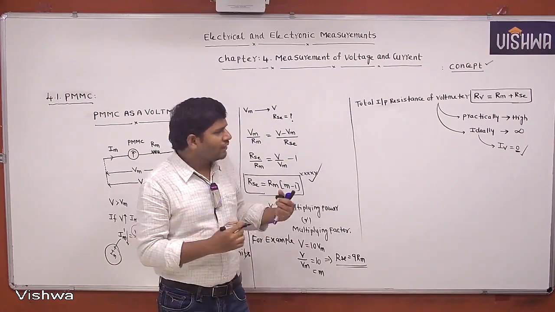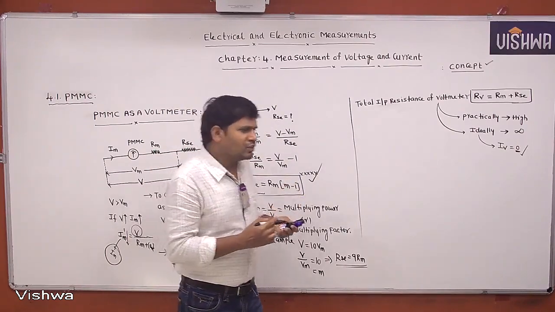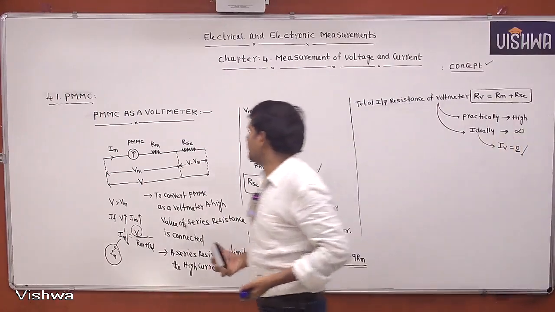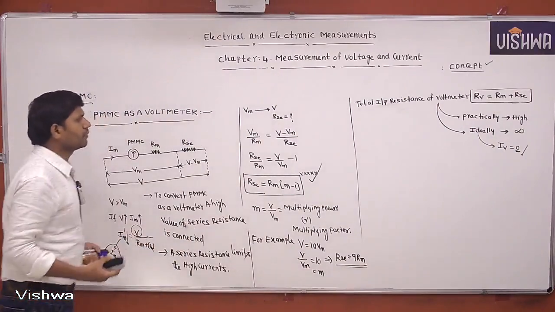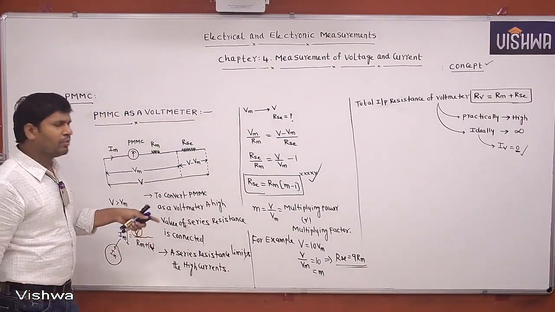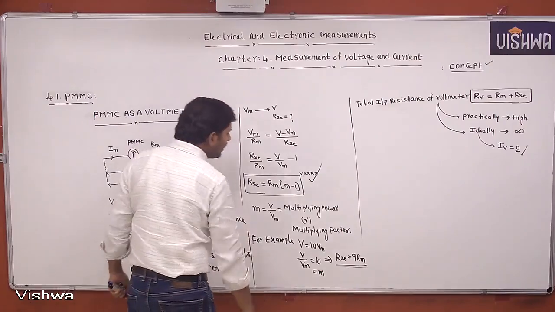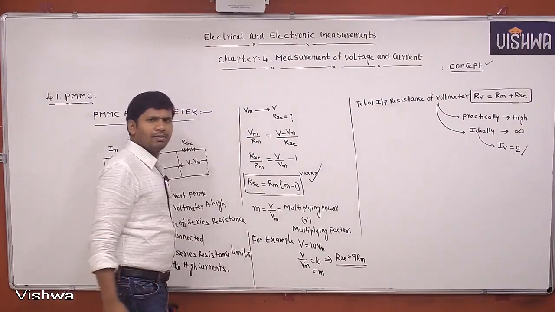Shall we start with the multi-range voltmeter? Mainly remember this formula, Rsc equal to Rm into (M minus 1), where M equal to V by Vm, that is the multiplying power or multiplying factor.